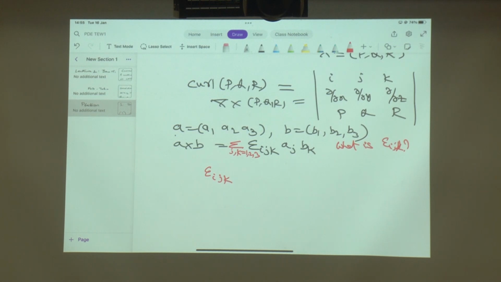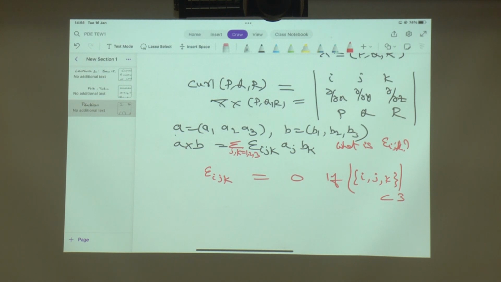This will be 0 if either i equals j or j equals k or k equals i. Some index repeats, that is, if the set i, j, k has length less than 3.